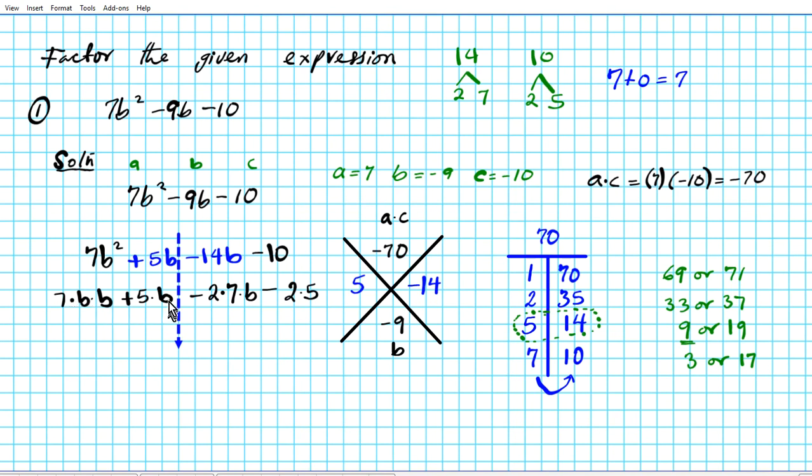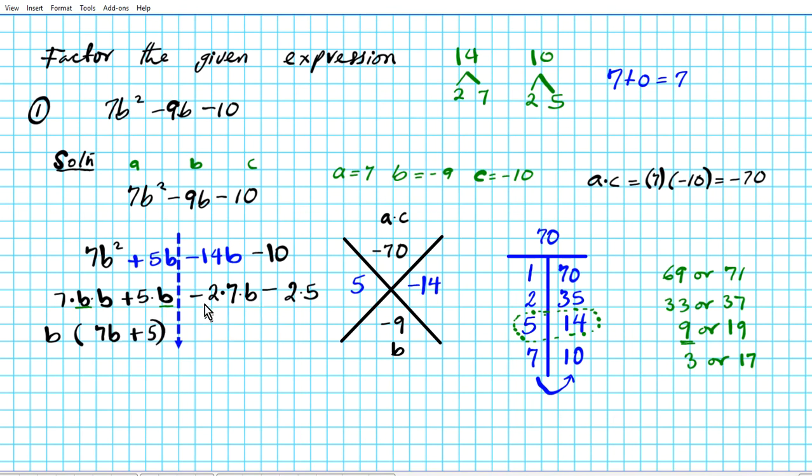Taking a look at the first pair, do we have any common factors? The answer is yes. b is common to the two terms on the left side. So if we factor out b, it is as though we are dividing by b. We're going to be left with 7b plus 5.